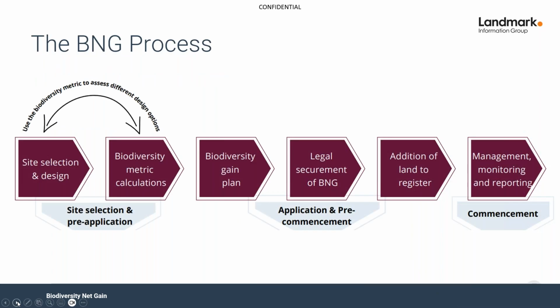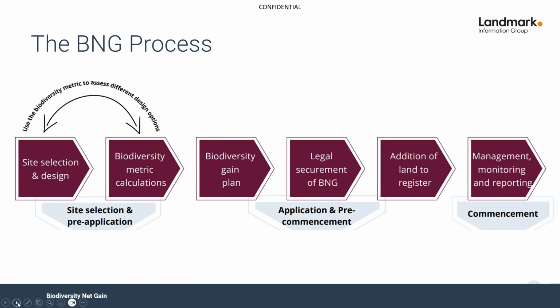So if I just talk a little bit about the BNG process and move through these boxes, we see in box 1 and 2 that a great deal of work will go on in support of the planning application. The biodiversity gain plan, box 3, occurs after planning permission, but there's an awful lot of information that filters into the planning application.